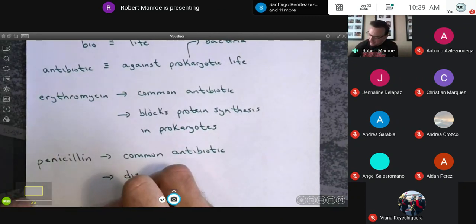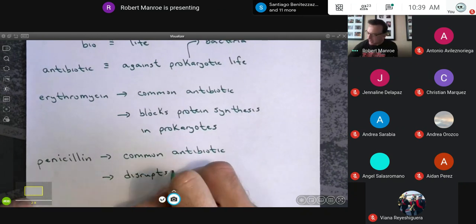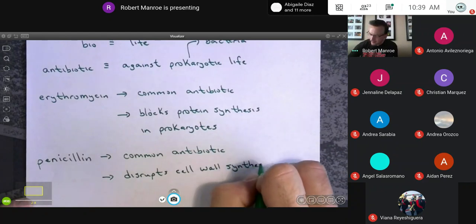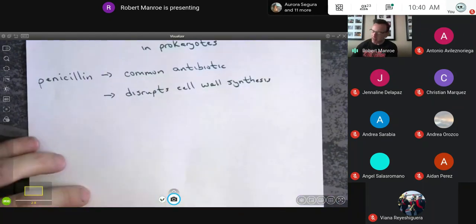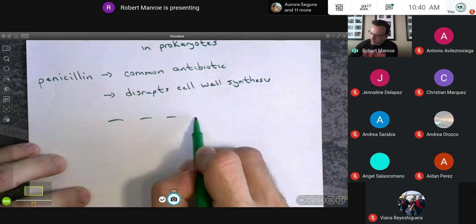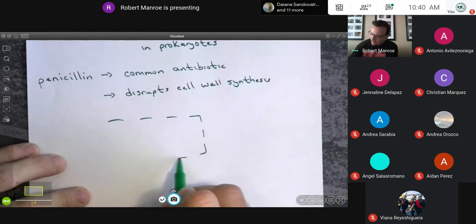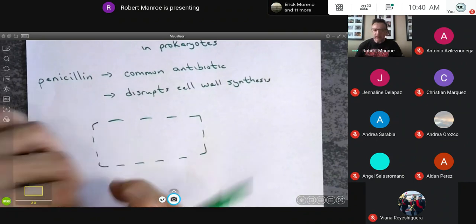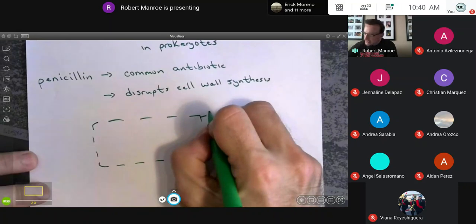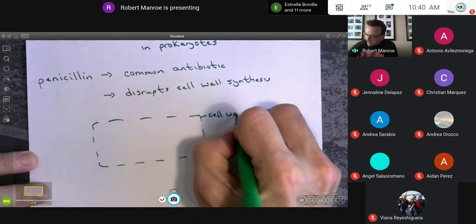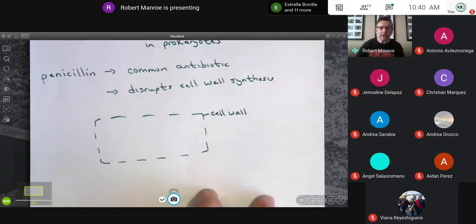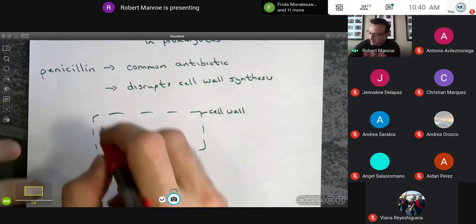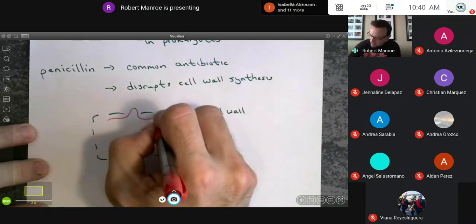It's awesome. All right. So what penicillin does is it disrupts cell wall synthesis. Bacteria have a cell wall, not all of them, but some of them. So when you expose bacteria to penicillin, the cell wall is incomplete. And in bacteria, they have an extremely high cytoplasmic pressure.